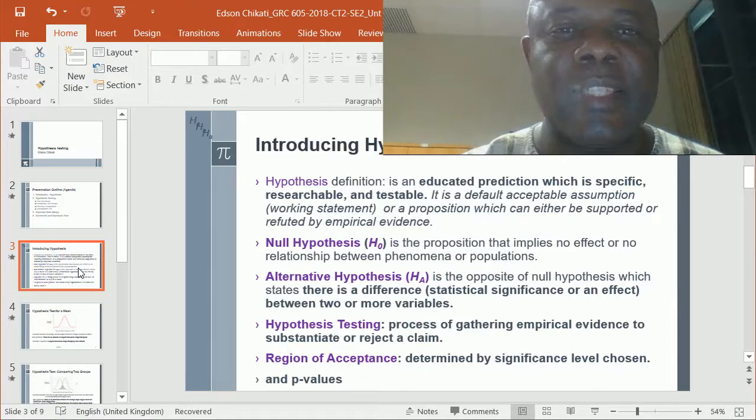It is likened to what in law is termed "you are innocent until proven guilty."